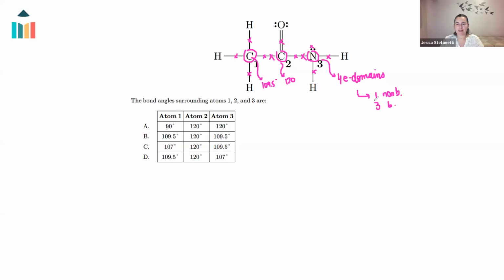I would expect an angle of 109.5, but as we have 1 non-bonding pair, I don't really expect the angle to be exactly that one. I would expect it to be slightly distorted. So I would say that it will be smaller than 109.5. So if we check it, the correct one here would be option D.